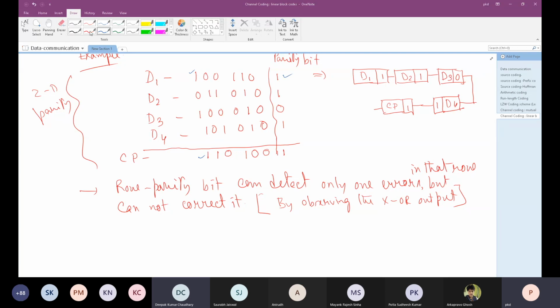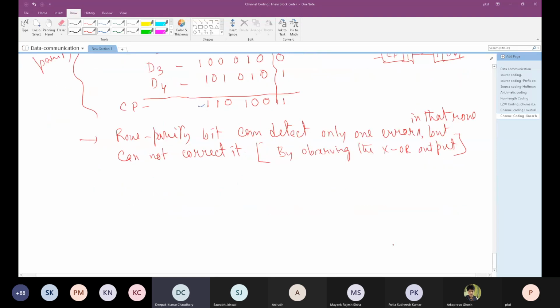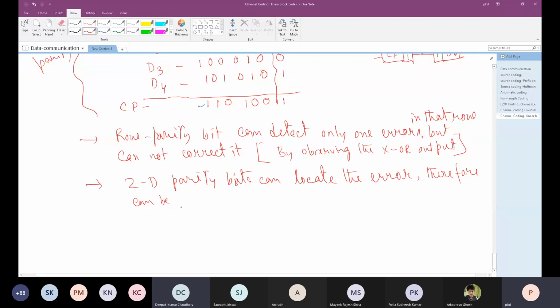So 2D parity bits can locate the error, and therefore it can be corrected.